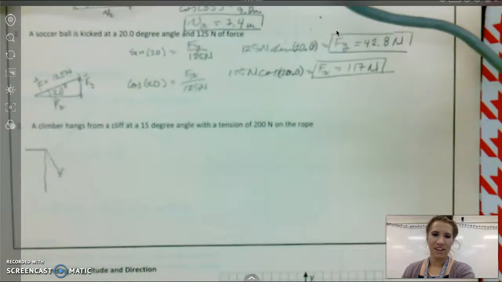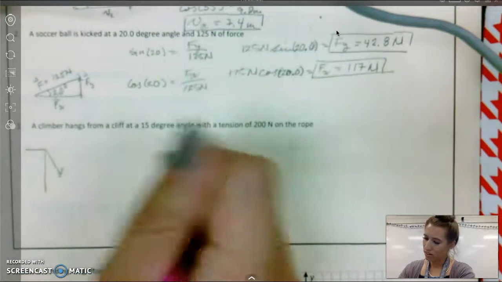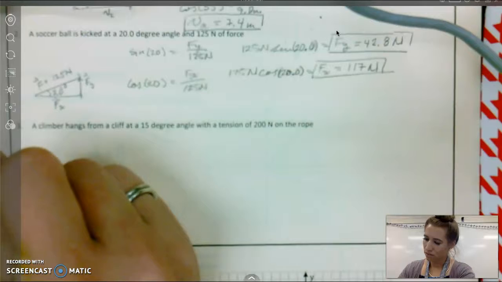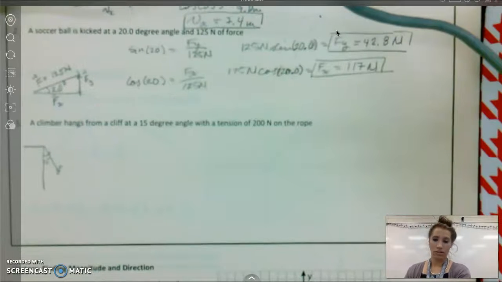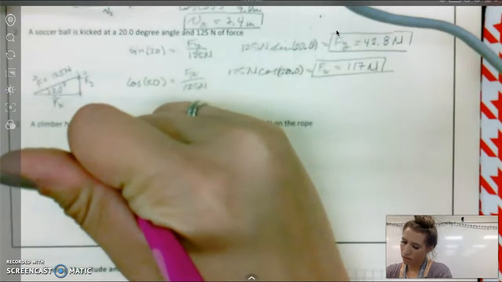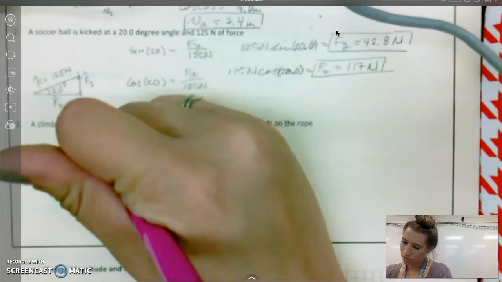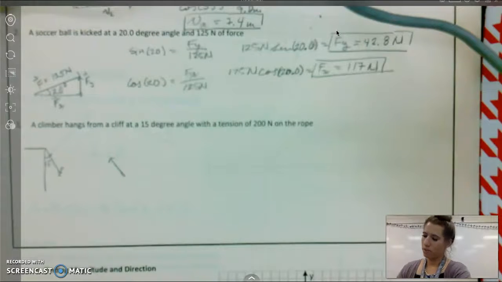All right. So, this angle, 15-degree angle. Here's our 15-degree angle. Now that I have this image, I want to draw my tension vector. So tension is this way, pulling up on him, that's what's keeping him up.